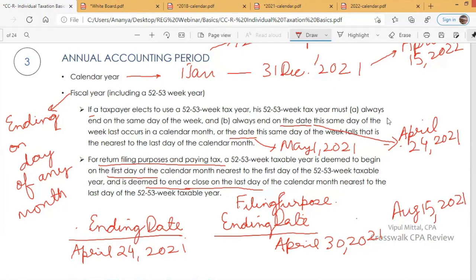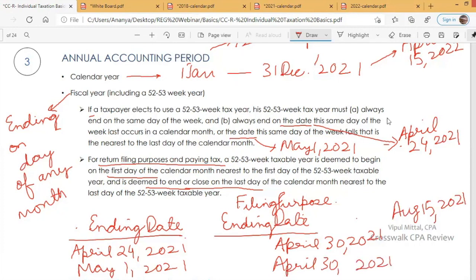But if your 52-53 week tax year ends on May 1st, 2021, again, find out which month end is closest to May 1. Is it May 31st, April 30th, or March 31st? Which month end is closest to May 1? Yes, again, it is April 30th, 2021. That is closest to May 1.